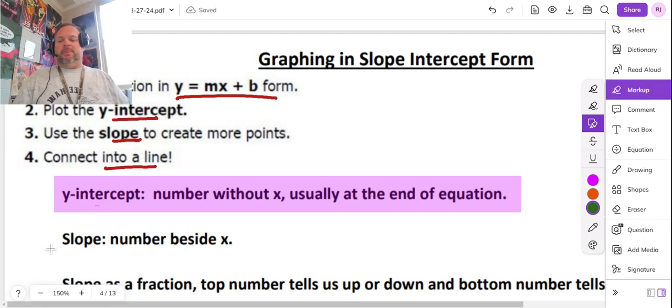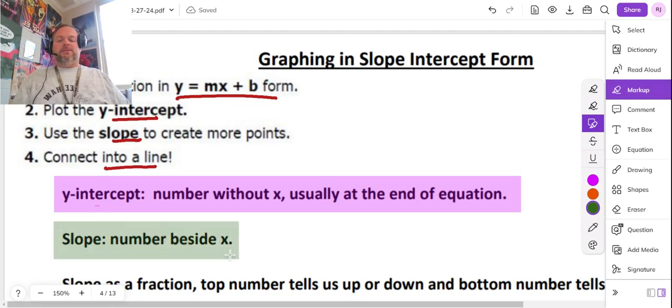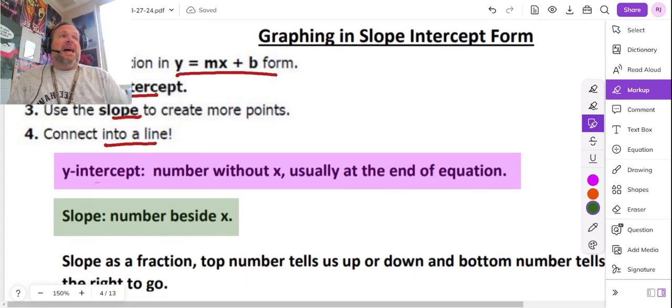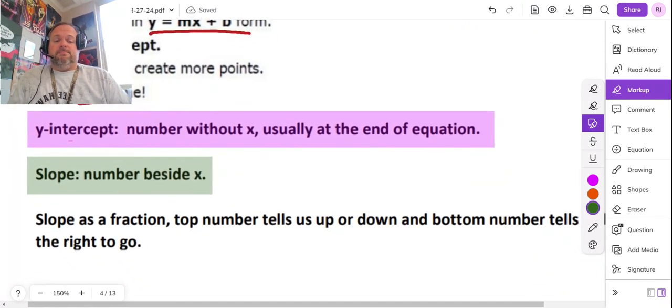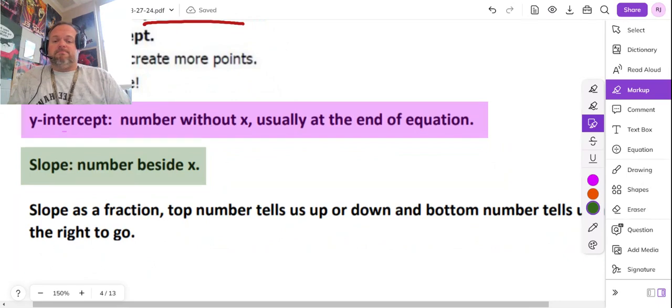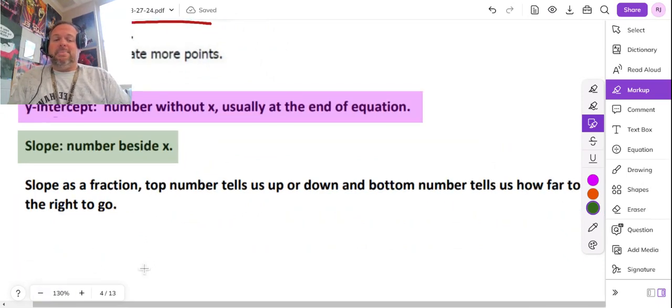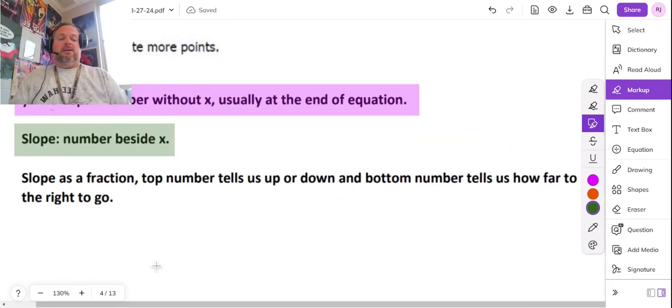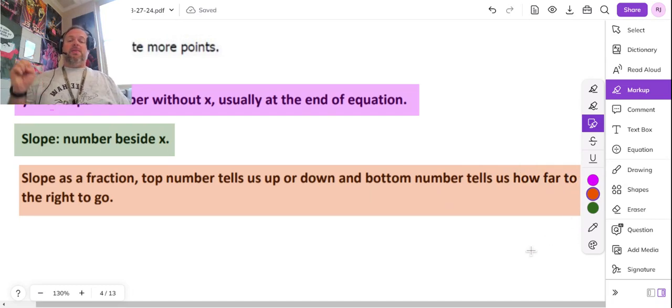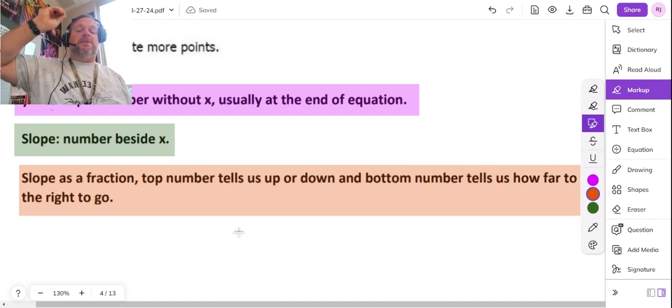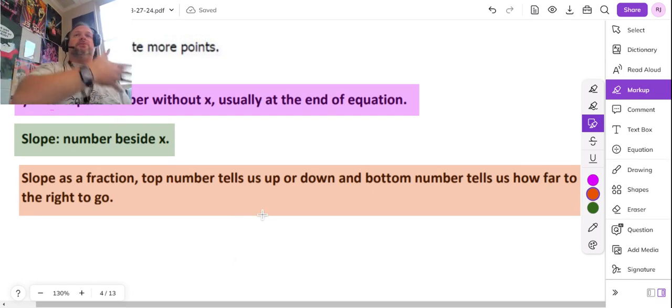Slope is the number beside x. And slope as a fraction tells us to go up or down. The top number tells us to go up or down. The bottom number tells us to go right.